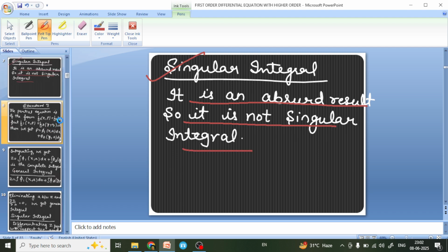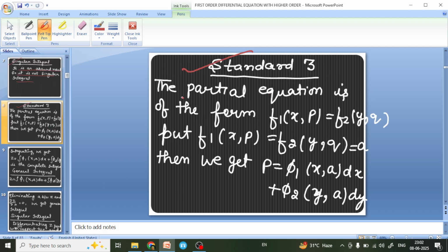Now the next type is standard 3. The partial differential equation is of the form f1 of x comma p equals f2 of y comma q. First, f1 of x comma p equals f2 of y comma q should be taken equal to a.